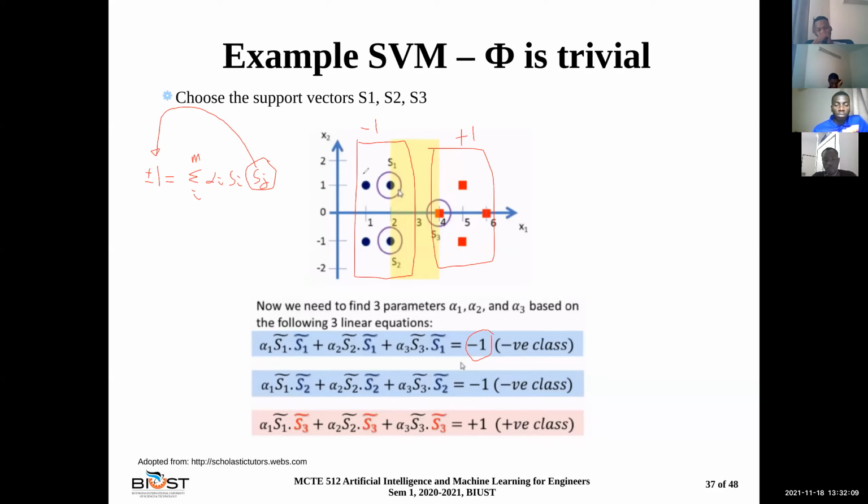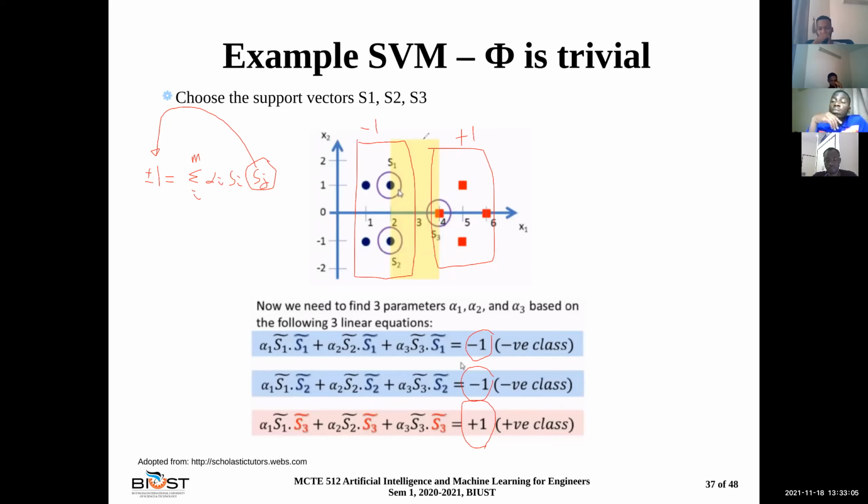And then all we need to do is, now again, I want to emphasize that we are using these equations because our phi is trivial. If it was not trivial, then we are going to do something else. What we are going to do is transform the input space into another space before we classify our data.